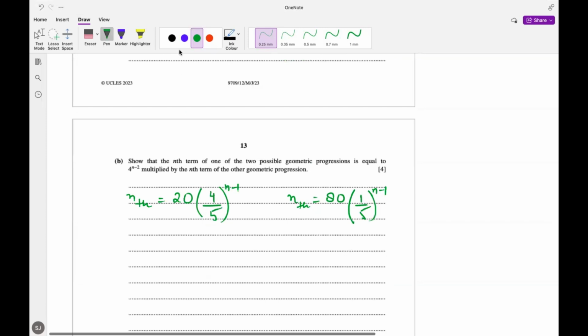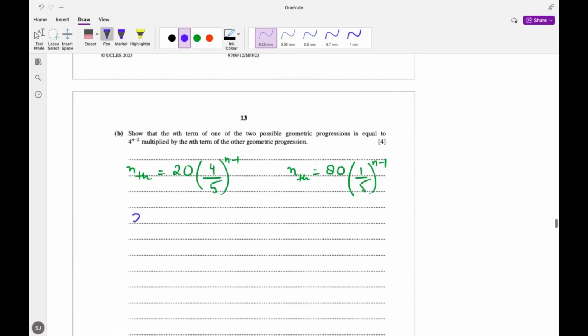So let's start with multiplying 20 into 4 upon 5 to the power n minus 1, and we'll multiply it by 4 to the power n minus 2. Opening this bracket up, 4 to the power n minus 1 will become 4 to the power n into 4 to the power minus 1, and 5 to the power n minus 1 will become 5 to the power n into 5 to the power minus 1, multiplied by 4 to the power n into 4 to the power minus 2.